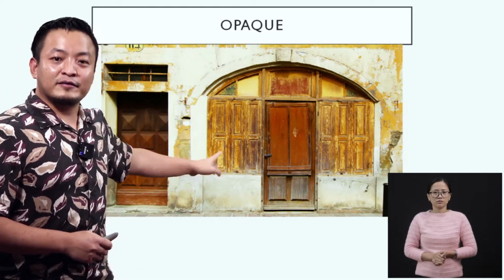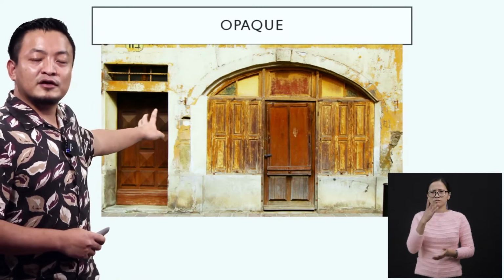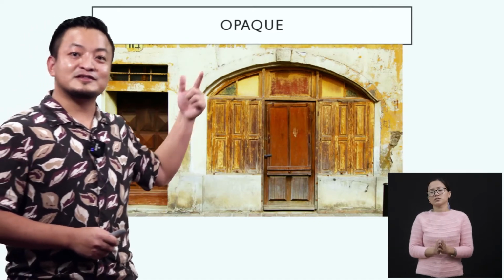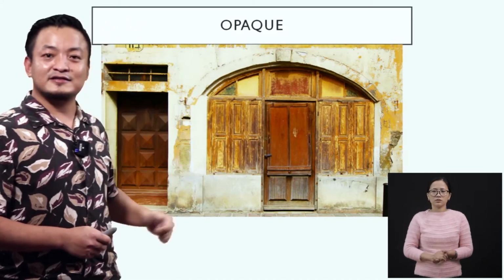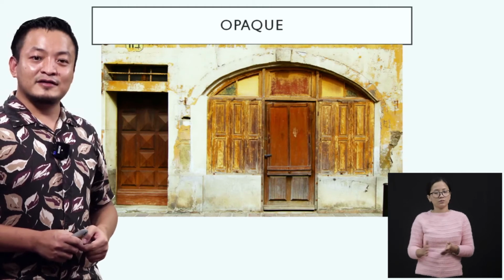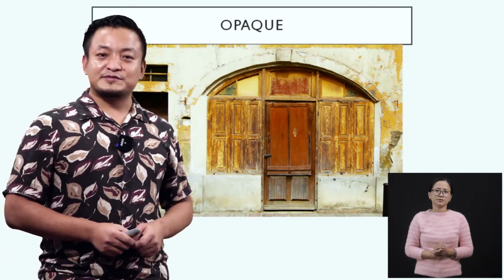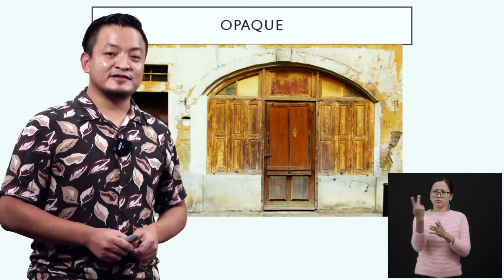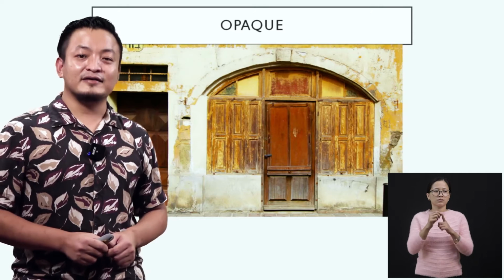Why? Because here we can see wooden windows, wooden doors. And it does not allow us to see what is there on the other side, right? So this is not like transparent. This is not like translucent. Then what is this? It is an opaque object.